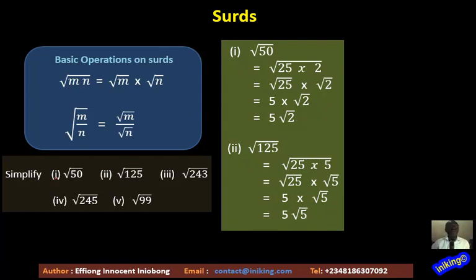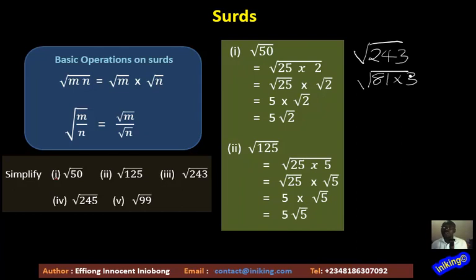Let's look at 243. The square root of 243. This number appears to be a little bit bogus. But after some time, if you have been playing with indices, you should know that 243 comes from the family of what? Multiples of 3. I see this as 81 times 3. Wonderful.